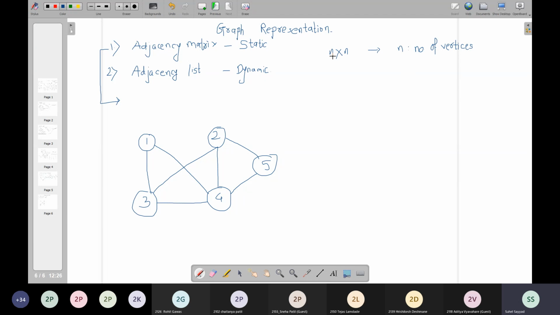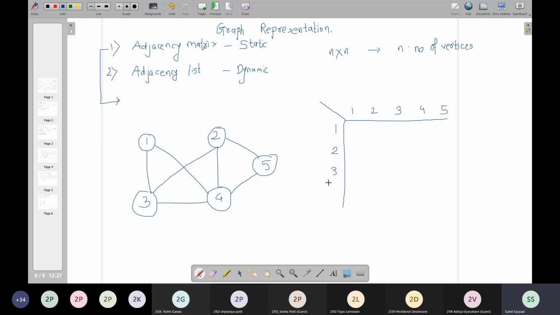So what will be my matrix size? It will be 5 by 5. How will that 5 by 5 matrix look? It will look like this. I have my vertices on the dimensions of rows and columns.